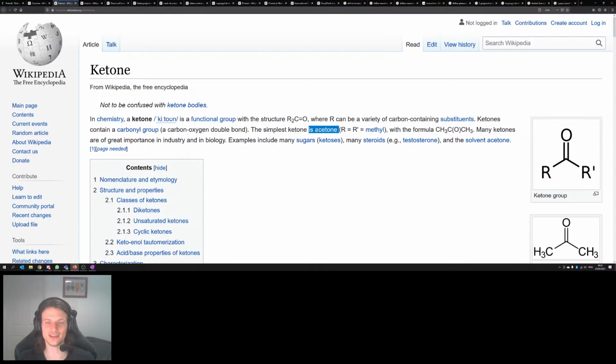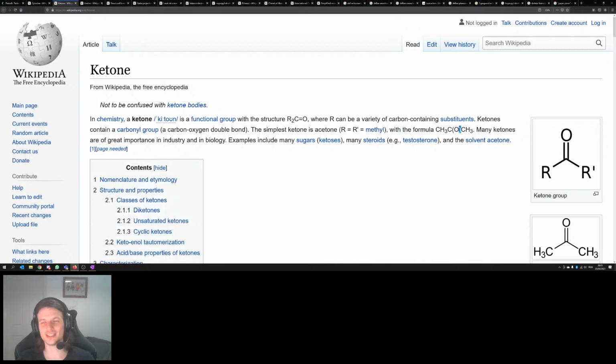The simplest ketone is acetone. R equals R prime. So is it R double bound to R prime? Double bound to methyl? I don't know. With the formula CH3C, and I remember that.